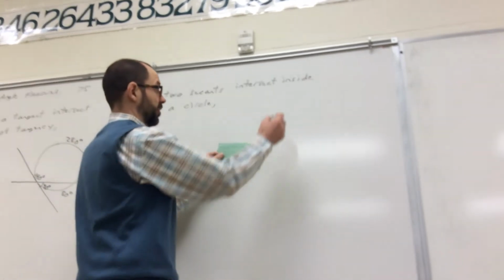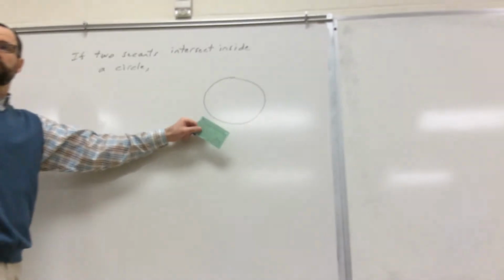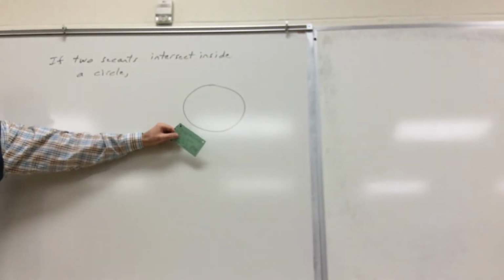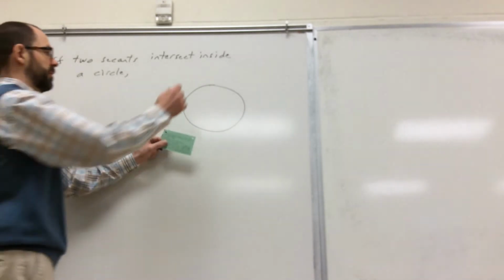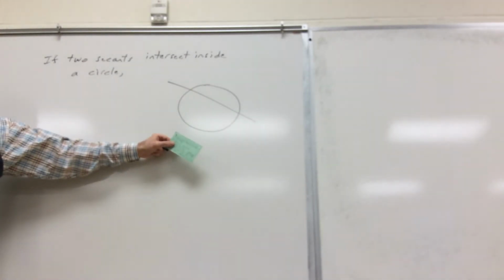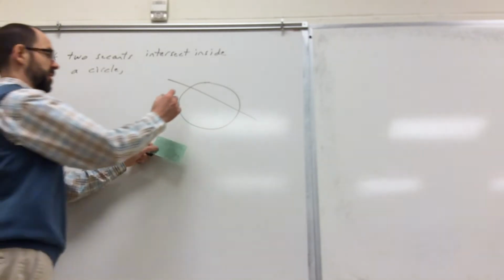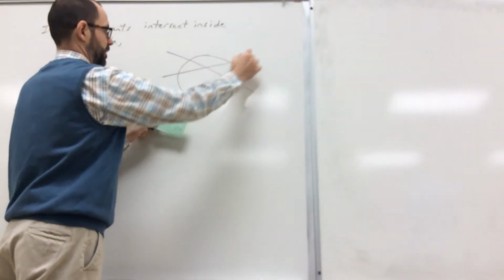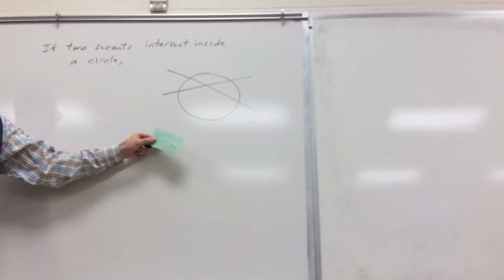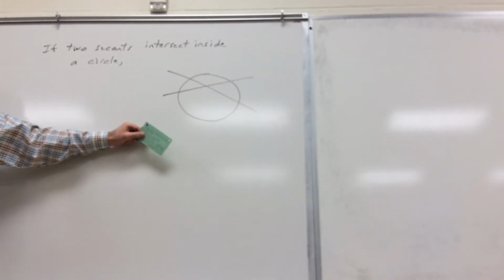So obviously we have a circle. We're going to draw two secant lines, and they need to intersect inside the circle. So here's one secant line. It's called a secant line because it's hitting the circle twice. And then here's another secant line. And those two secant lines are intersecting inside the circle.